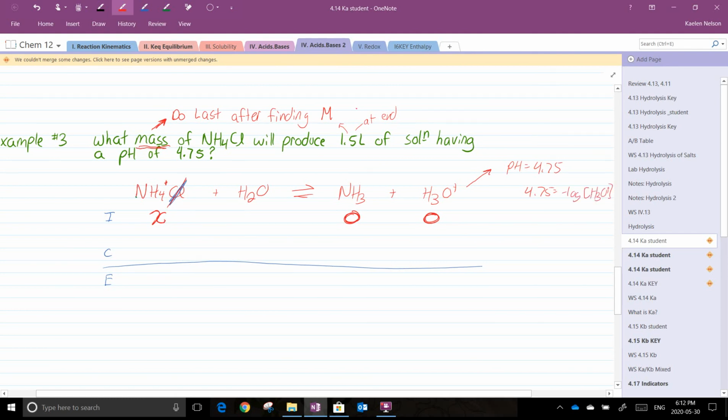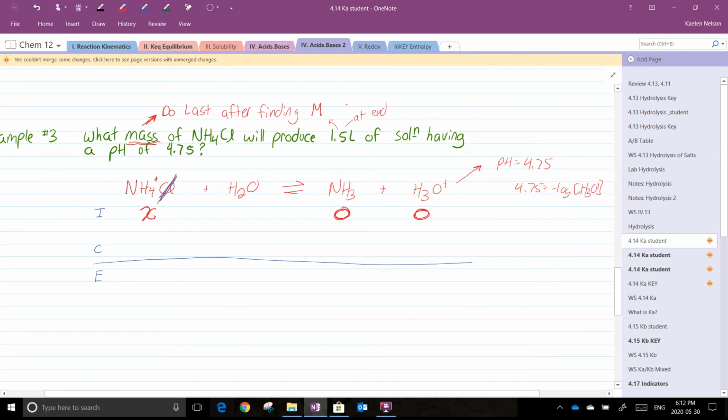So into your calculator, you can anti-log that, which will look like 10 to the negative 4.75 will be H3O plus. And 1.78 times 10 to the minus 5 is your H3O if you have done your calculator correctly, and that goes right there.